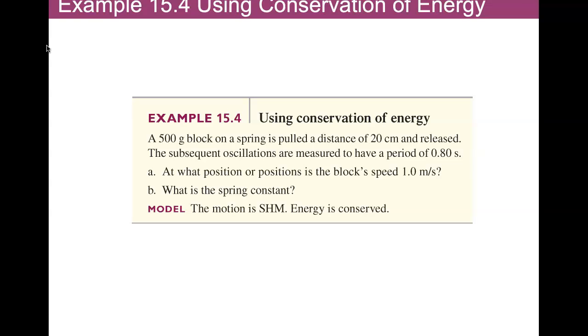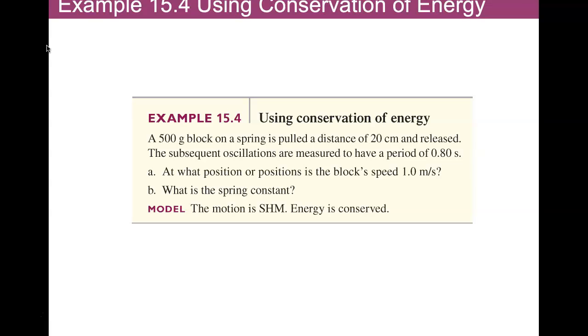Well, we have a 500-gram block on a spring. It's pulled a distance of 20 centimeters and released, and the subsequent oscillations are measured to have a period of 0.8 seconds. So part A is asking at what position or positions is the block's speed equal to 1 meter per second.